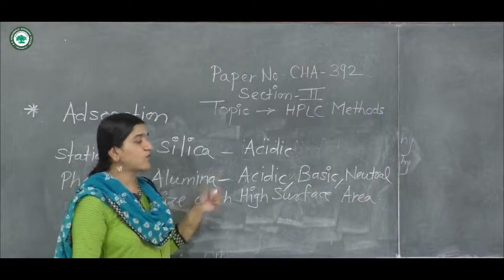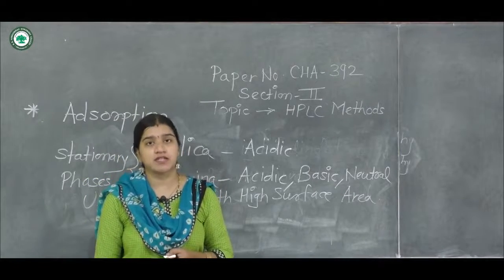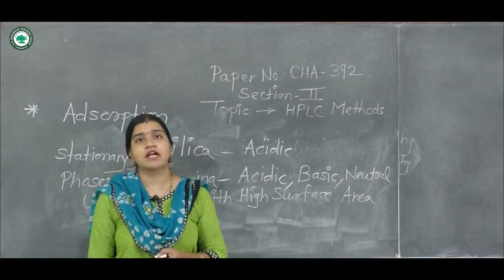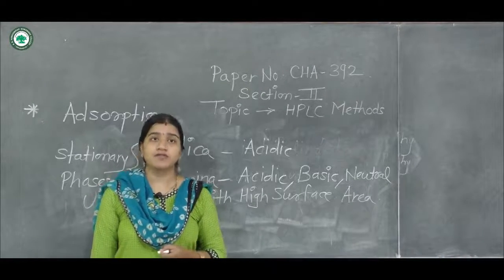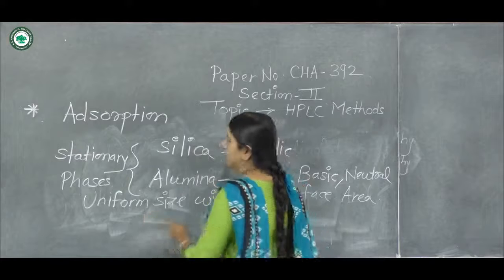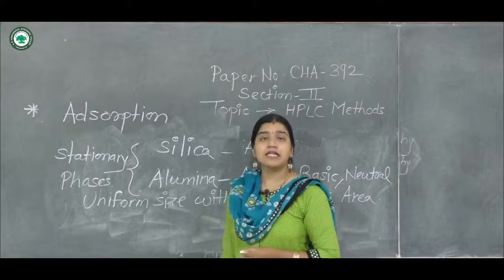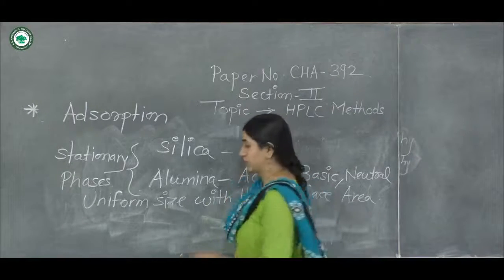Decreasing the particle size of the silica or alumina will increase the efficiency, or what we call the resolution power. So stationary phases having a uniform size with a higher surface area will increase the resolution.